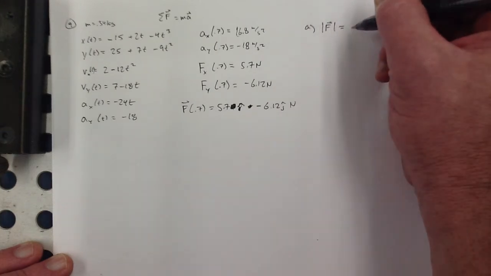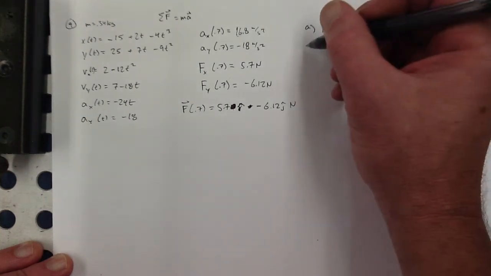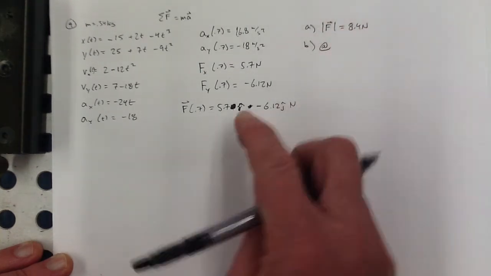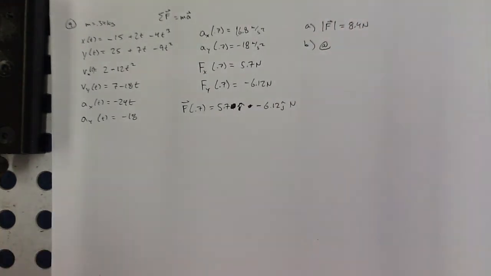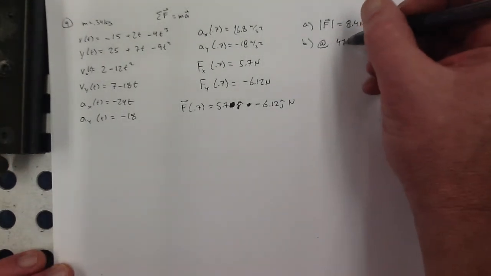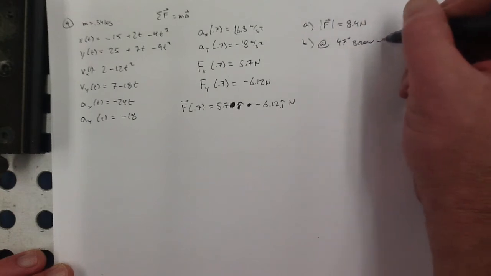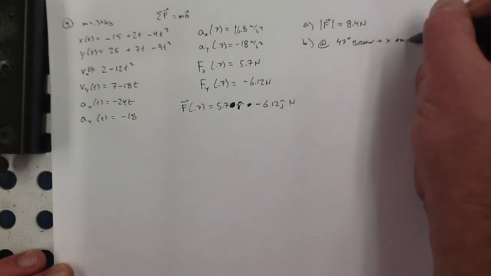The magnitude of that is about 8.4, and let's see, got positive, negative, so that's down in the fourth quadrant. Tangent inverse, rise over run, about 47 degrees. Fourth quadrant, so that is below positive x-axis.